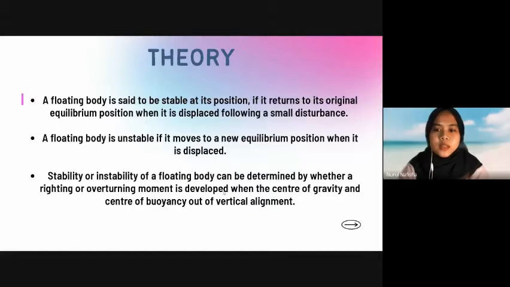However, a floating body is said to be unstable if it moves to a new equilibrium position when it is displaced. Next, the stability or instability of a floating body can be determined whether by righting, or can also be said as restoring, or overturning movement being developed when the center of gravity and the center of buoyancy move out of the vertical alignment of the floating body.